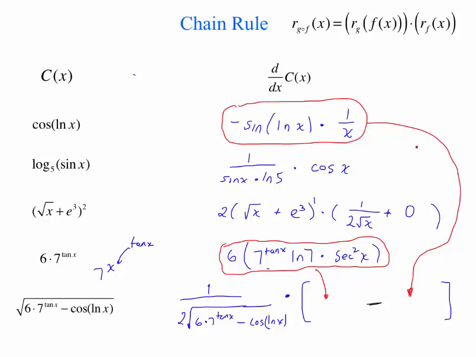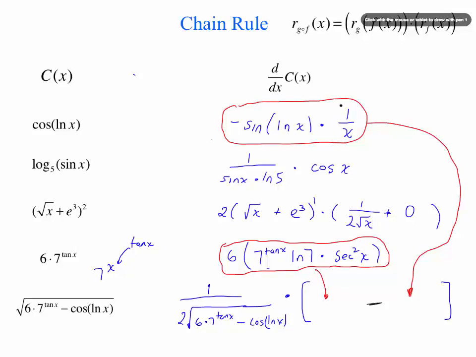Now I'm not just doing this to save writing. The point is that when things get multi-layered, you don't change the rules. You do the rate of change of the interior. We're working on the rate of change of the interior part of this, which is everything under the square root. So when we're working on the rate of change of this, we look at that as its own separate problem. What's the rate of change of that? It's all of this by the chain rule. So that's going to go there. And then minus, what's the rate of change of this?